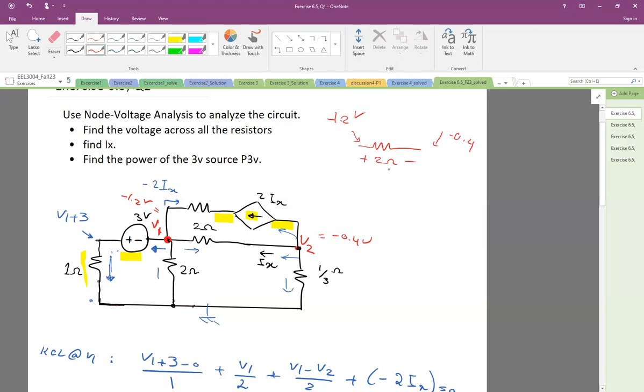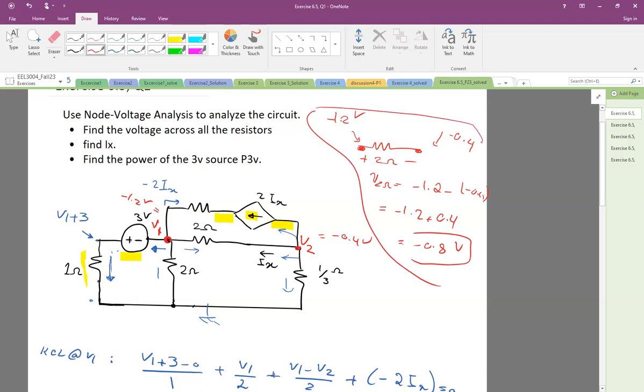So if somebody asks what is this voltage, let's call it V of 2 ohm, it's plus minus, right? So negative 1.2 minus that voltage, which is negative 0.4, gives negative 0.8 volt. You can do the same for the others.